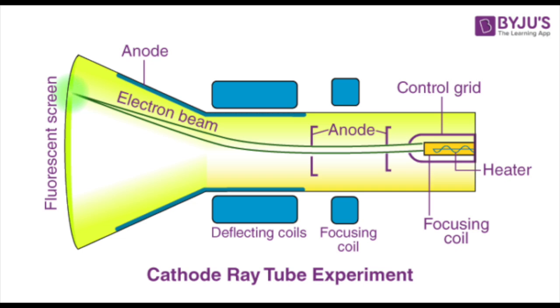And it was found that this green glow always appeared opposite the negative electrode. And further, that a metal object placed in the middle of the tube cast a shadow on the glow that appeared at the other end.